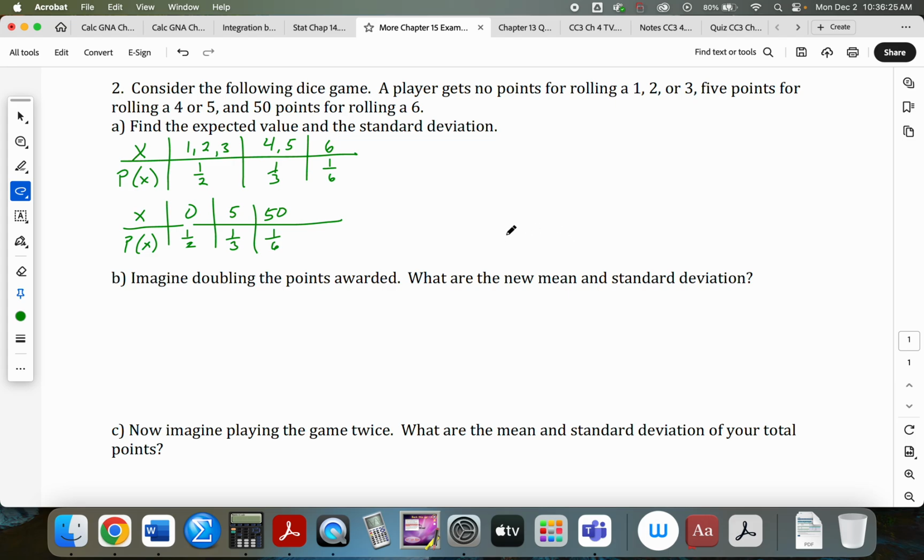So our mean, remember, is the same thing as our expected value. So that's going to be 0 times 1/2 plus 5 times 1/3 plus 50 times 1/6. Anyone want to take a wild guess?